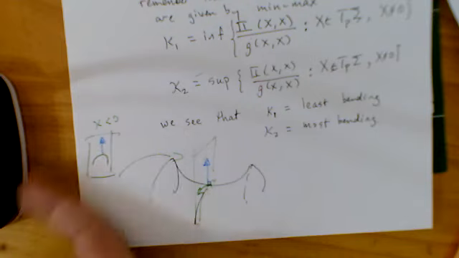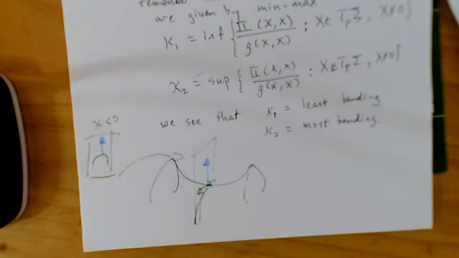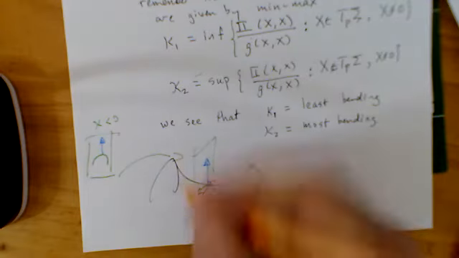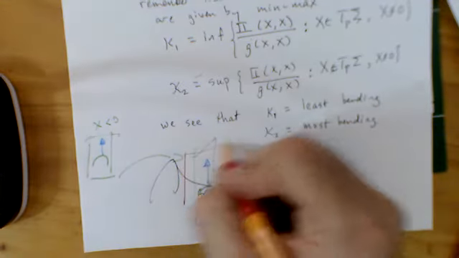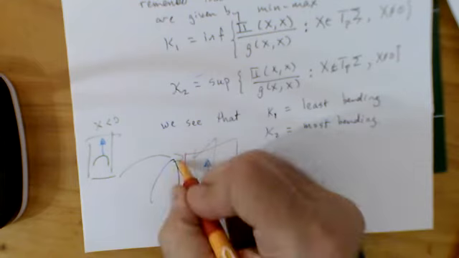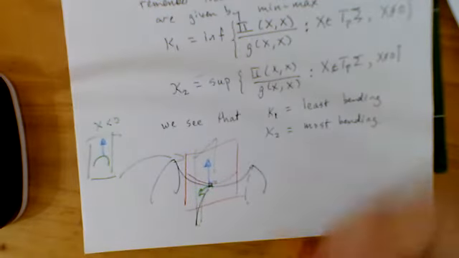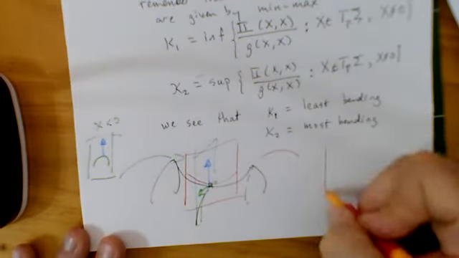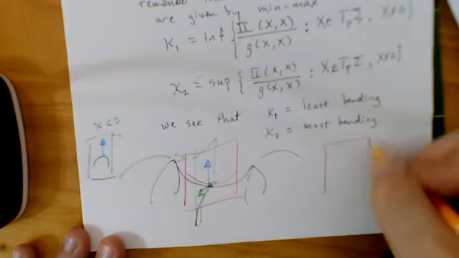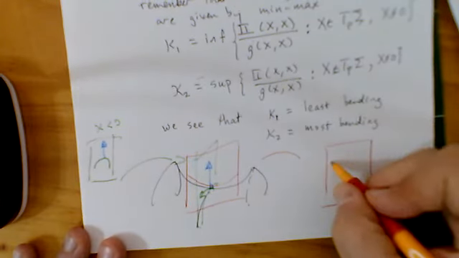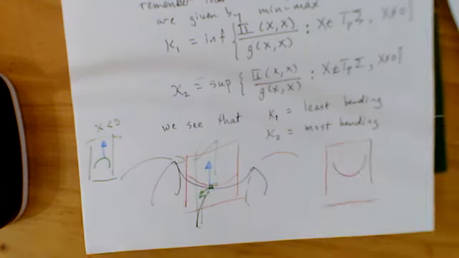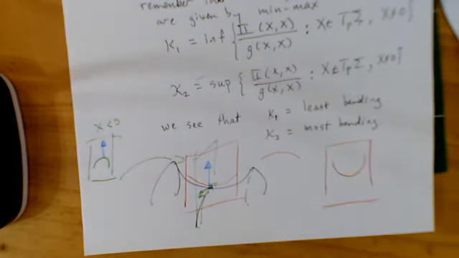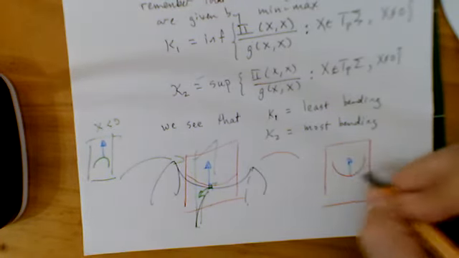The curve is moving away from the normal. If I slice in the orthogonal plane with this red plane here, I see that the curve bends toward the normal.